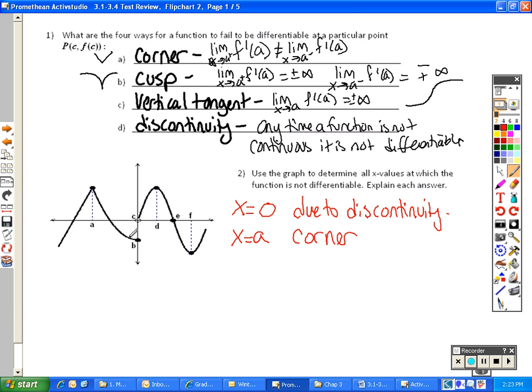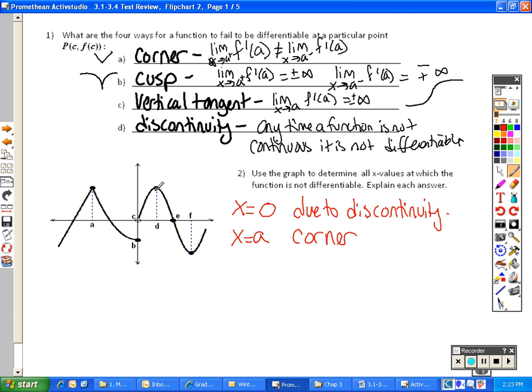All right, we already covered this point when x equals 0. From the left, the function is approaching b, the slopes are approaching 0. From the right, the function is approaching 0 and the slopes are approaching a negative number. But there's a discontinuity, so it doesn't actually really matter.